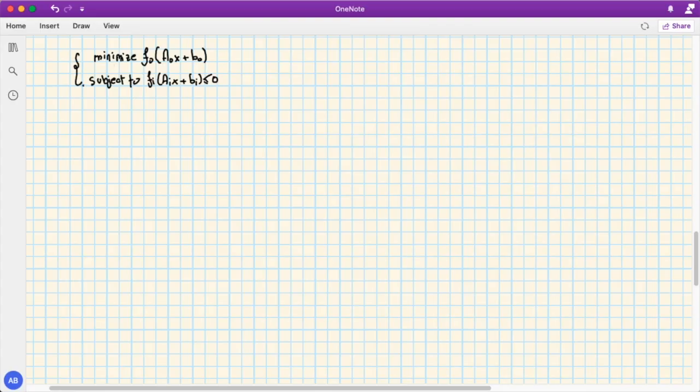Let's say I've got the following problem and my Ais are in R^(ki by n) and my fis are mapping R^ki onto R and they are convex. Okay? All my fis are convex.